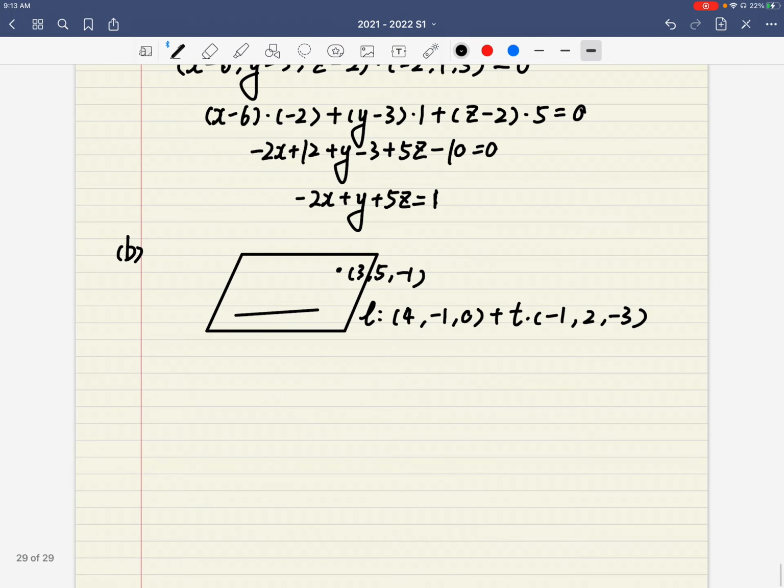Now it's harder than part A because you don't have the normal vector that is perpendicular to the plane, but you need that to get the plane's equation. So you need to first figure out the normal vector perpendicular to the plane.